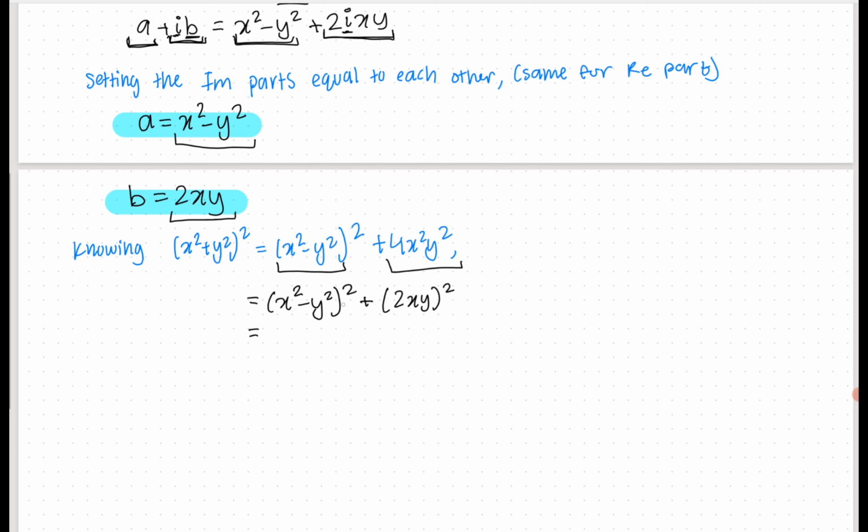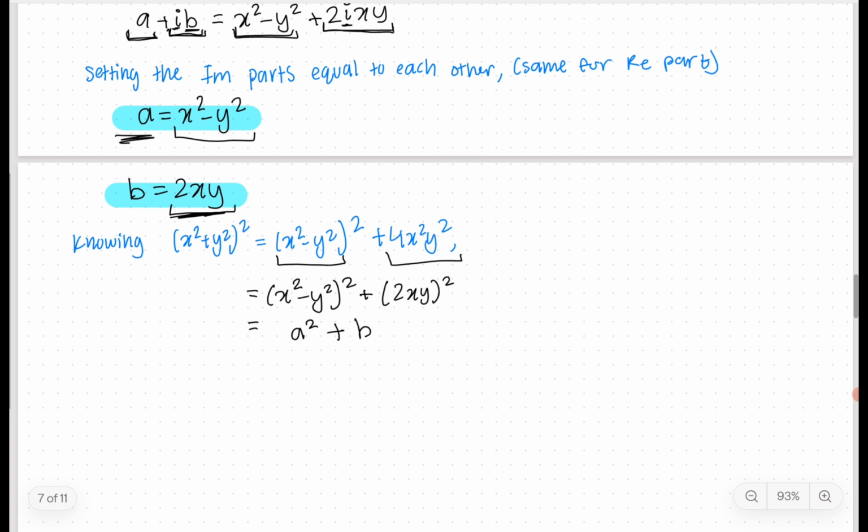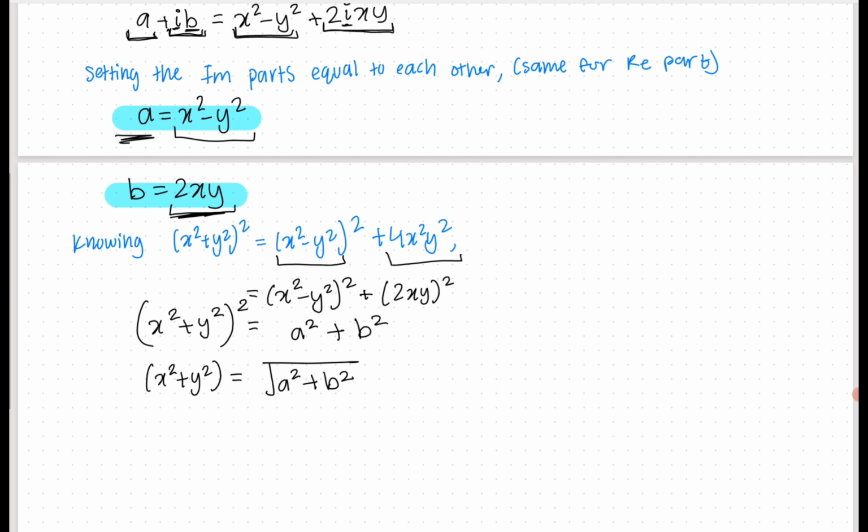So x squared minus y squared from here is a, so a squared, and (2xy) squared is going to be b squared. So the left-hand side is (x squared plus y squared) squared. Now taking the square root of both sides, we get x squared plus y squared equals the square root of a squared plus b squared, which is going to be an important equation.